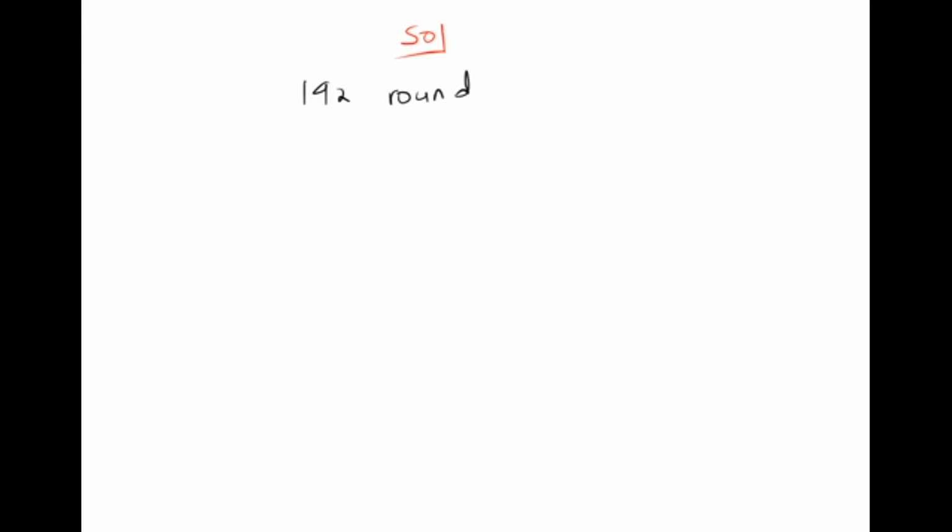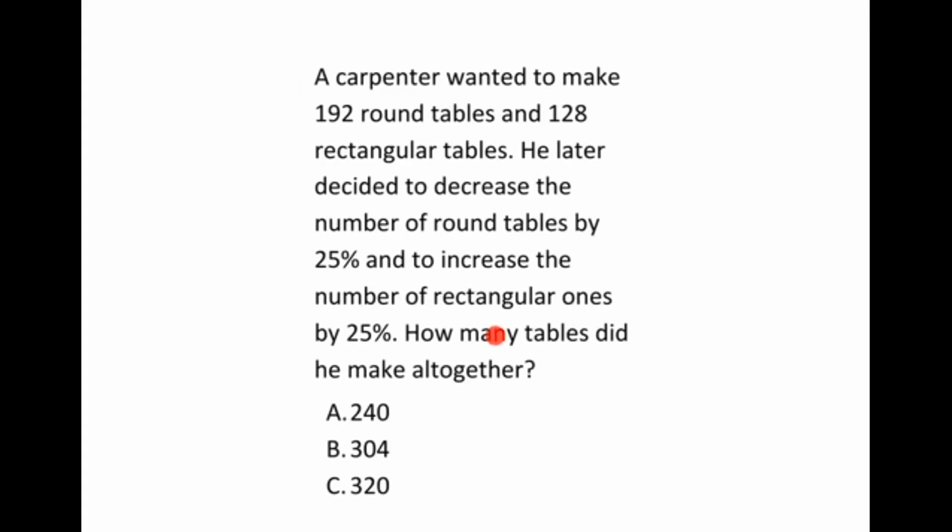He decreased it by 25%. Let us just write D here to represent decrease. And then 128, these are rectangular tables. He increased it by 25%. Let us just write I to represent increase. Then the question asks us how many tables did he make altogether.